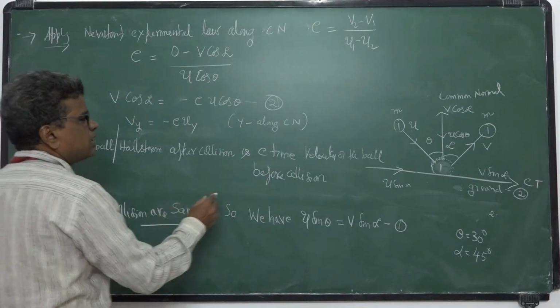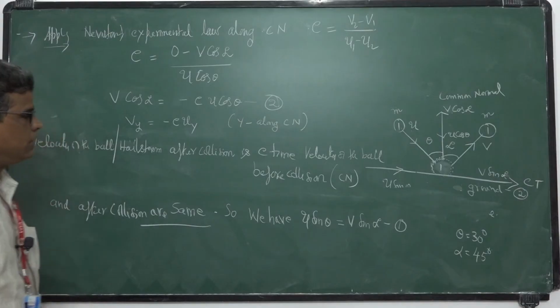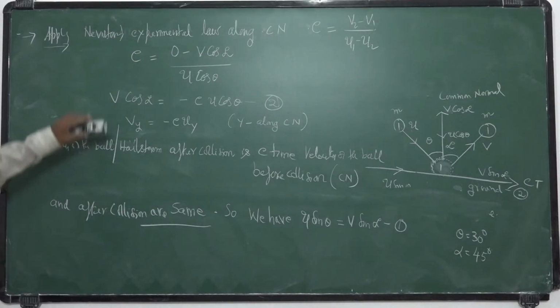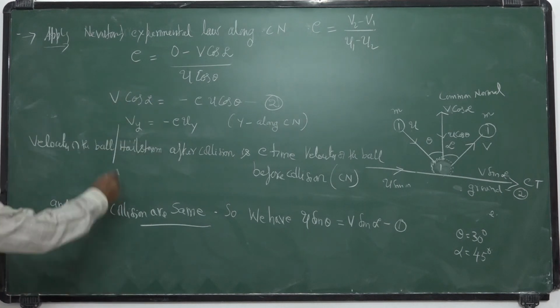This is along the Cn direction only. This is the important point. So this minus indicates both are in opposite directions.